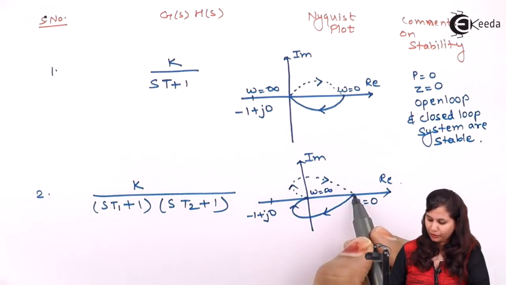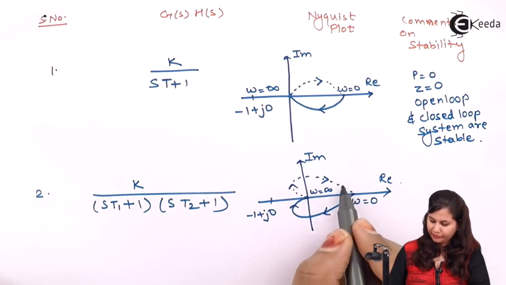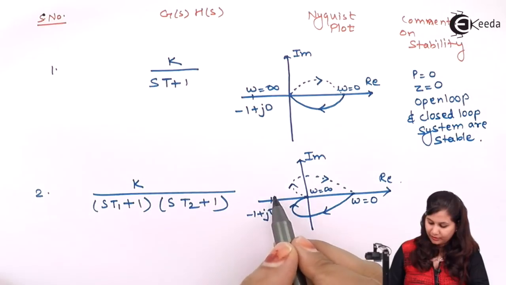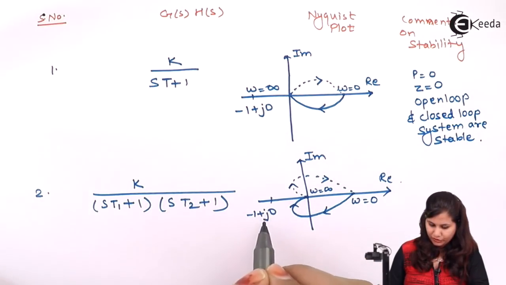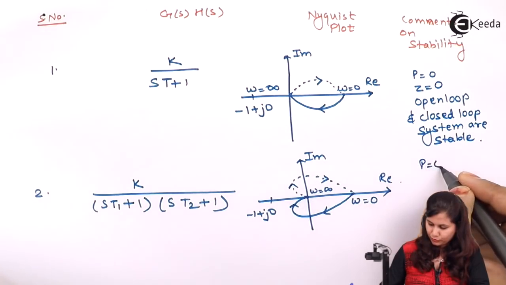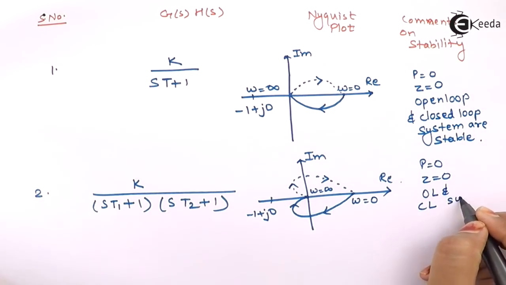This is the polar plot starting from omega equals 0 to infinity, and drawing the mirror image gives the complete Nyquist plot. There is no encirclement of the -1 + j0 point, so P equals 0, Z equals 0, so both open loop and closed loop systems are stable.